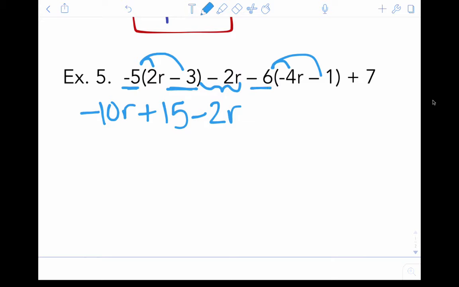And now I'm going to distribute this negative 6. So I have negative 6 times negative 4r, that's positive 24r, and then negative 6 times negative 1 is positive 6, and then I still have this plus 7 that I need to bring down.